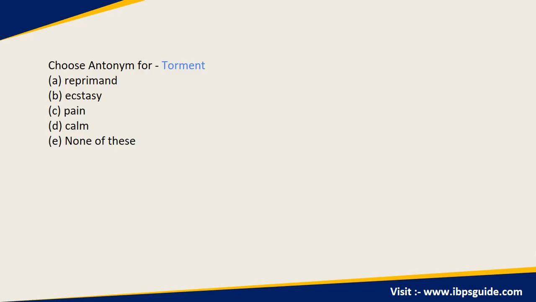Okay, so ecstasy and calm. Calm means that things are okay, everything is fine. Ecstasy means things are amazing, you're extremely happy. That's what ecstasy is. So of these two choices, ecstasy is the antonym for torment, because torment means suffering and ecstasy means extreme joy. So option B is the correct answer.